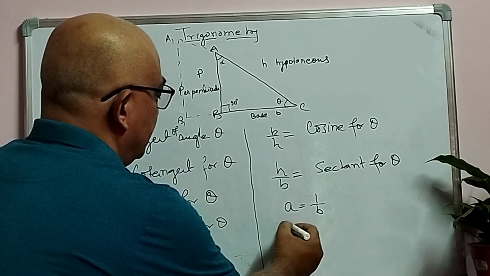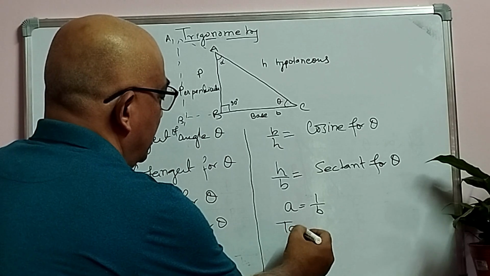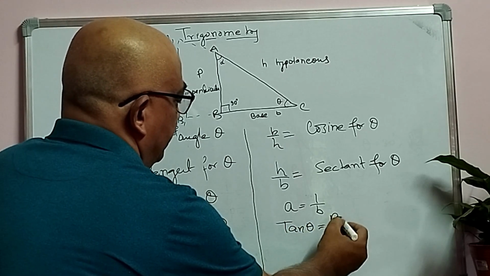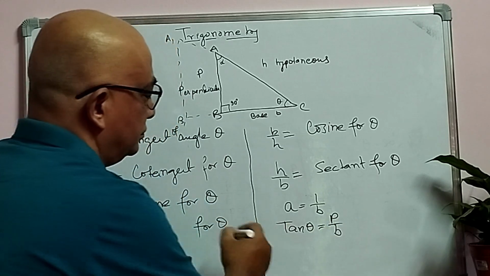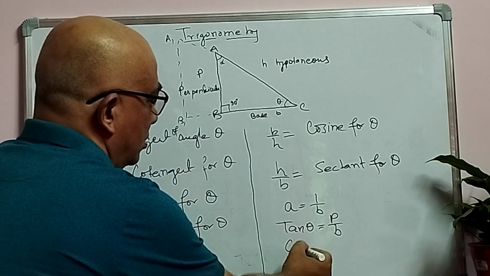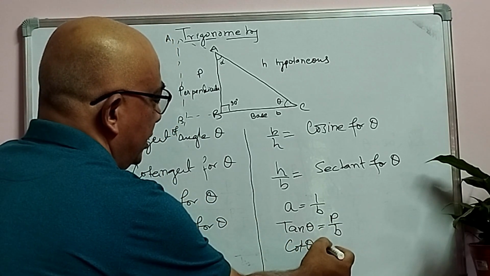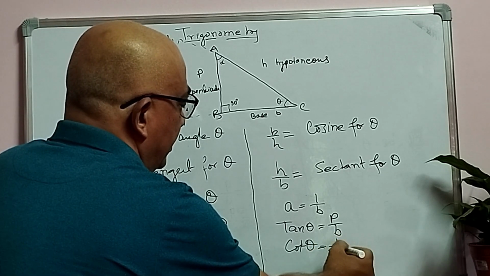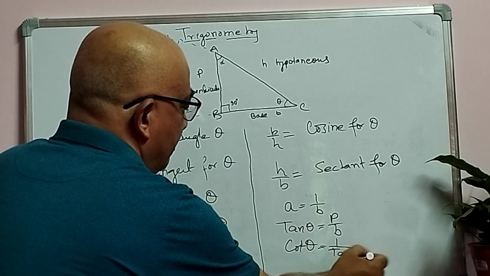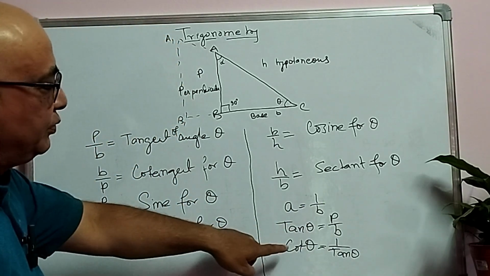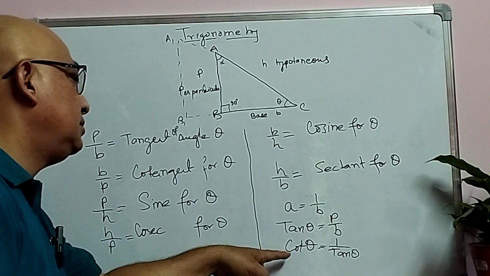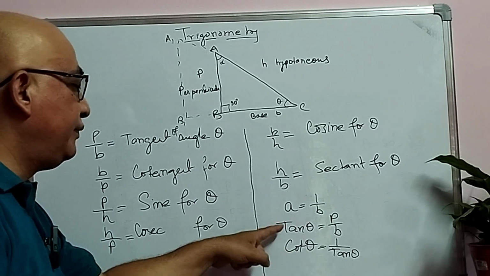Similarly, tan theta is equal to P by B. Cot theta equals 1 by tan theta. Tan theta, this is the reciprocal, as I said. Cotangent is the reciprocal of tan.